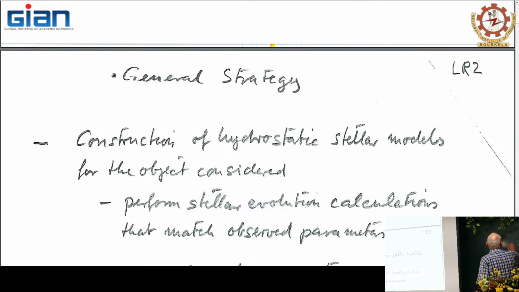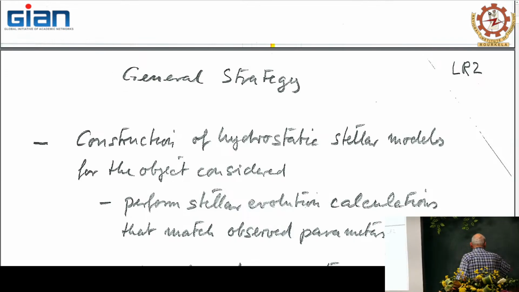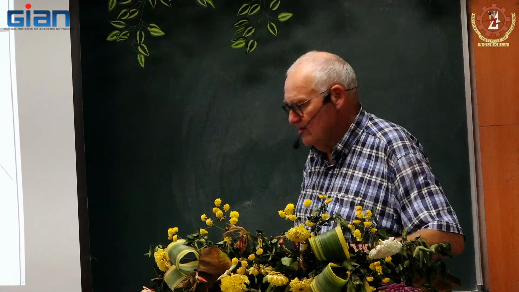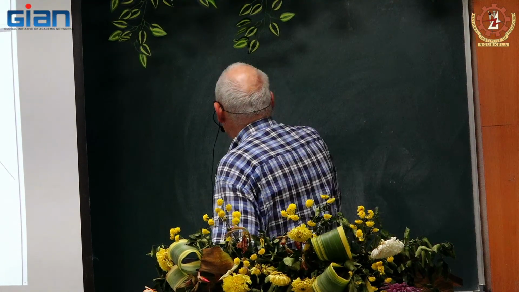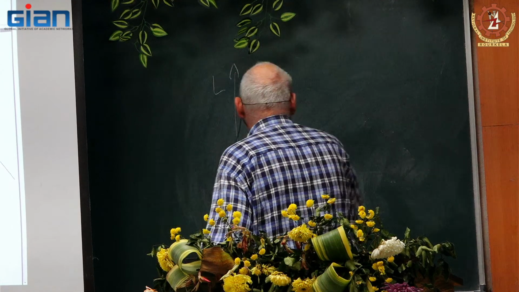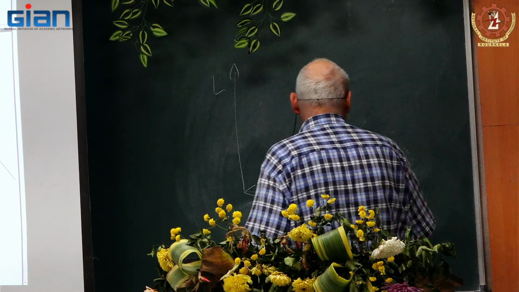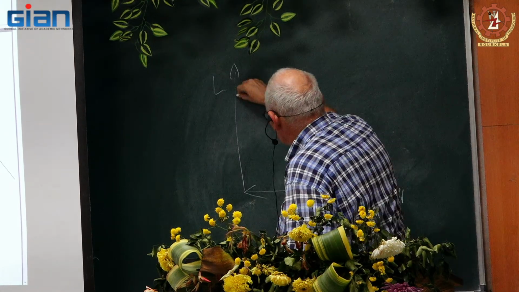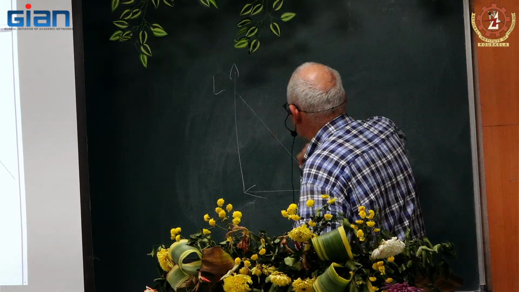For instance, we observe some star in the HR diagram. Take a star in the HR diagram, luminosity log L as a function of effective temperature T effective. Well, then we start off from this, which should denote the main sequence.